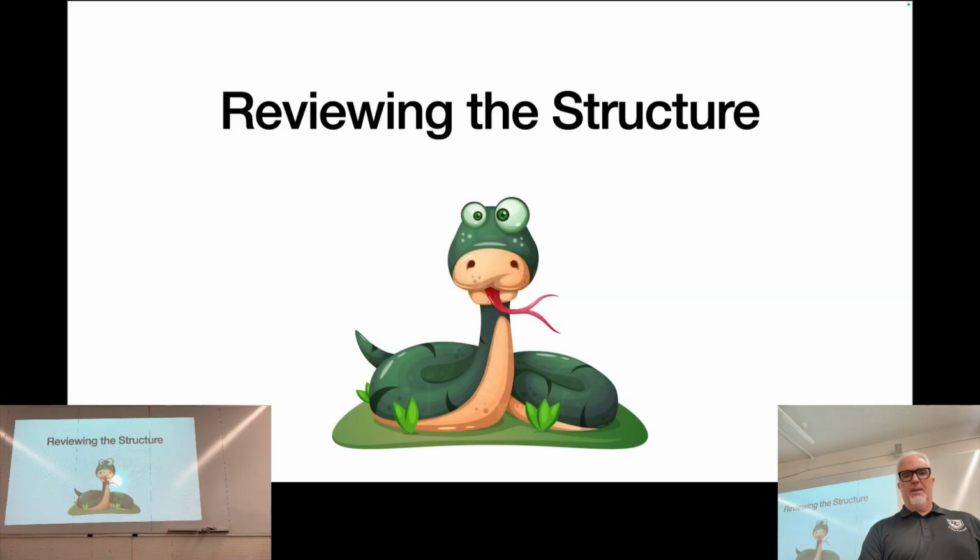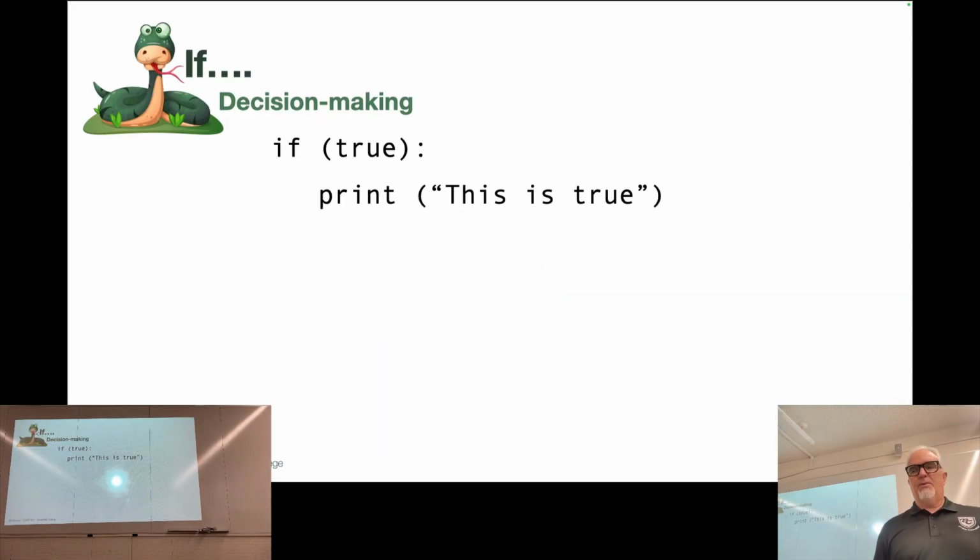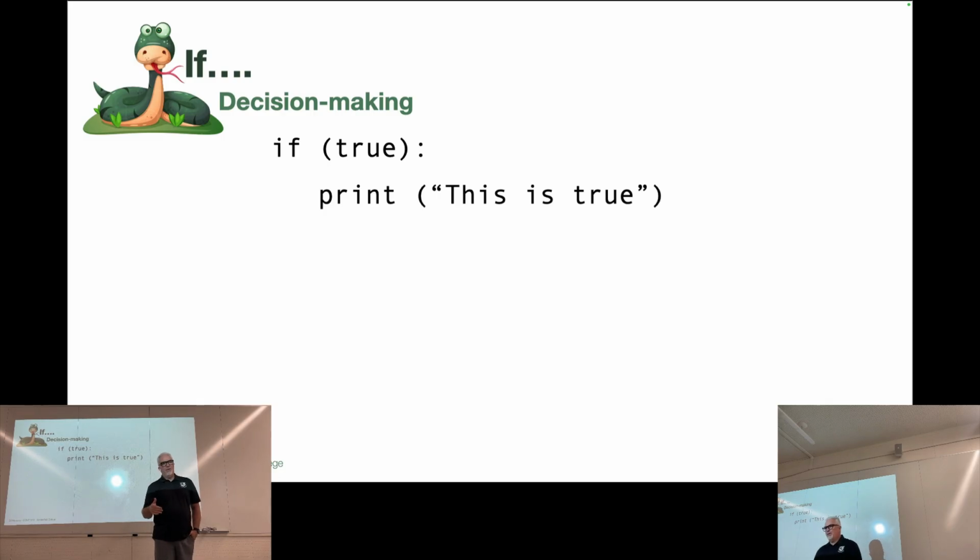So first, let's review if, the decision making or branching structure in our code. Remember, we have an if, all lowercase, and then we have an expression. That expression, whether you intend it to or not, will evaluate to either true or false.